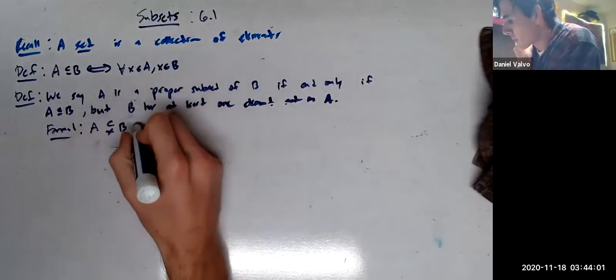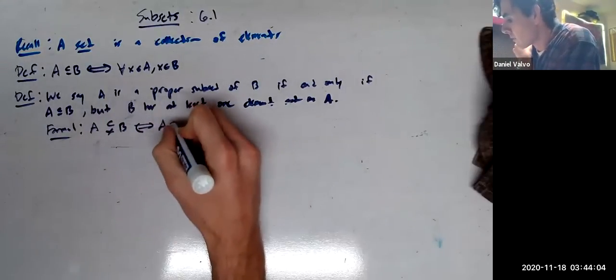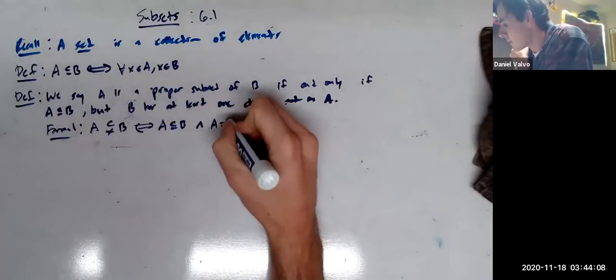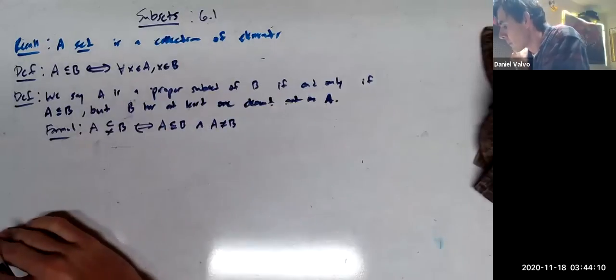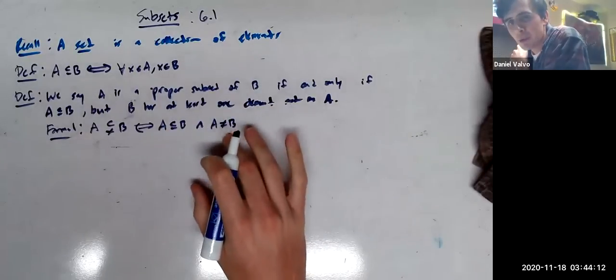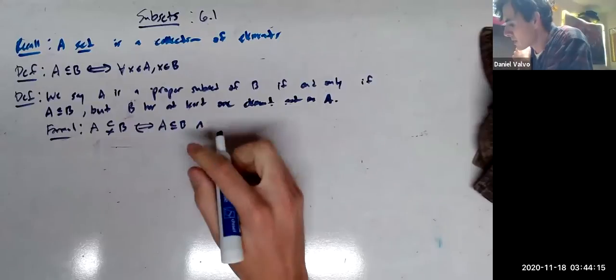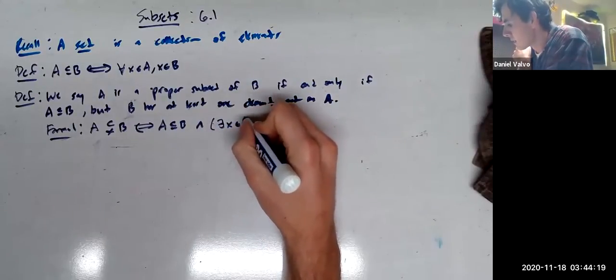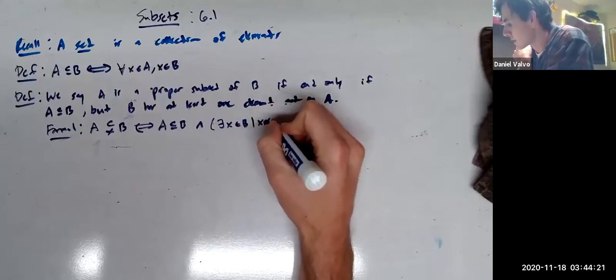So A is a proper subset of B if and only if A is a subset of B and A is unequal to B. We'll talk about what this means in a second. Maybe instead we should say there exists an X in B such that X is not in A.